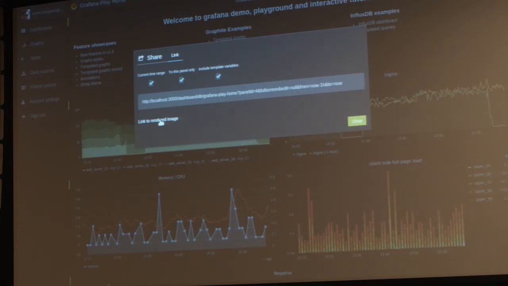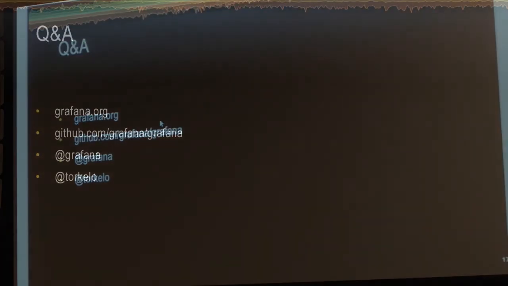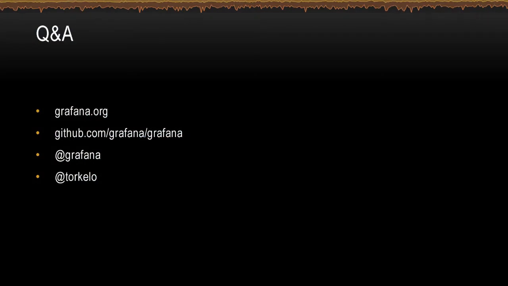I'm probably not going to use Elasticsearch, but I will probably have some migration path. So for people who run Grafana right now with Elasticsearch, you can carry over all your dashboards. Yeah, it's on GitHub.